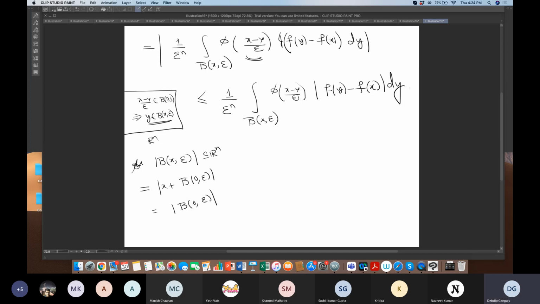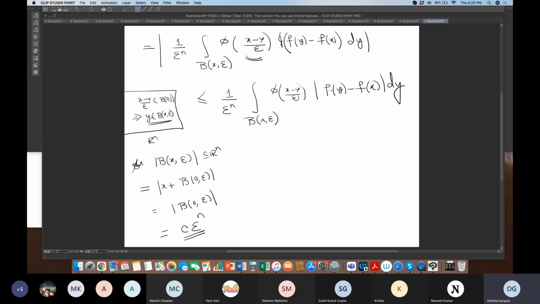What is the Lebesgue measure of B(0,epsilon)? Take n equal to 2: the two-dimensional Lebesgue measure of a ball is pi r squared.